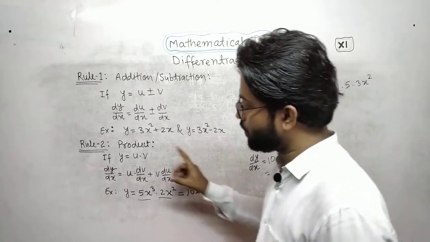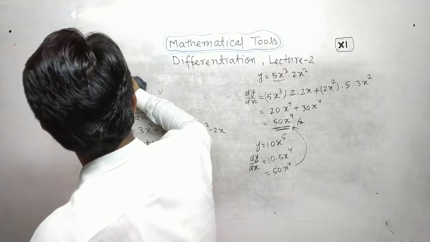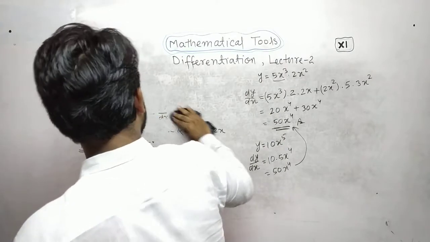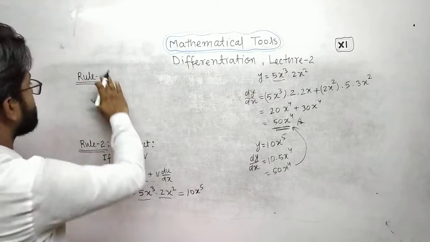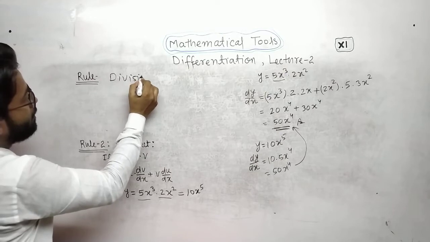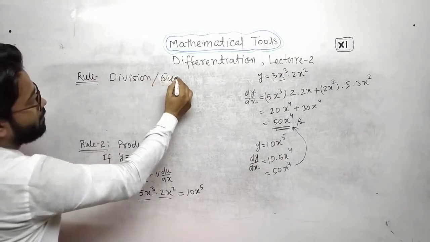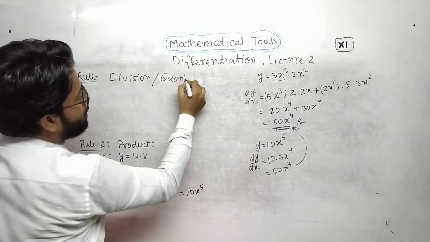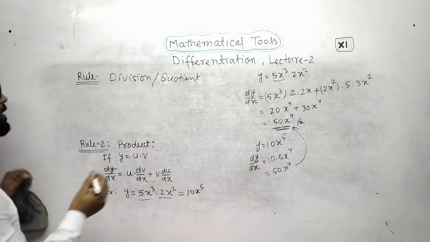Now we will discuss the third rule. What is the third rule? Rule number 3 is division, or quotient.